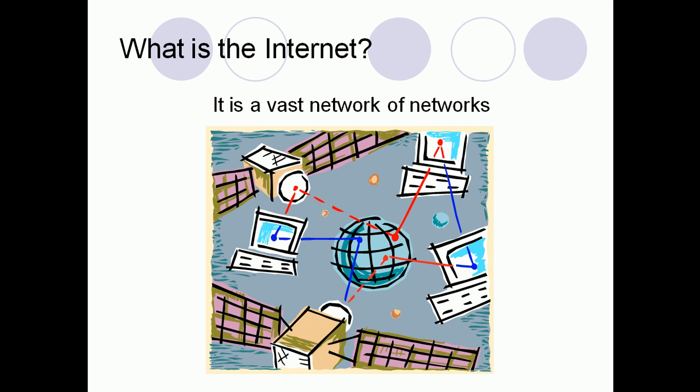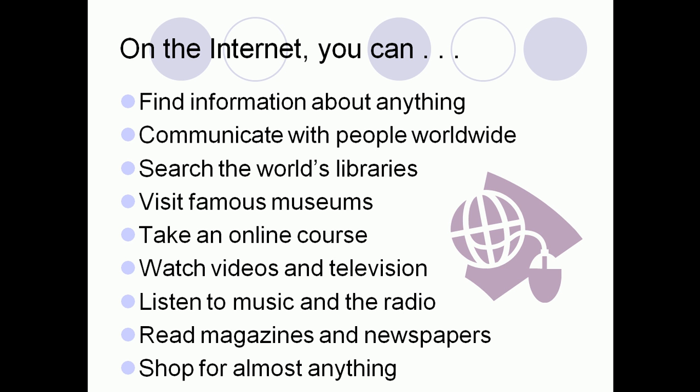So we say a vast network of networks, networks that are connected to each other. On the internet, you can find information about anything, communicate with people worldwide, and search the world's libraries. Nowadays, we refer to the internet as a very robust source of information.